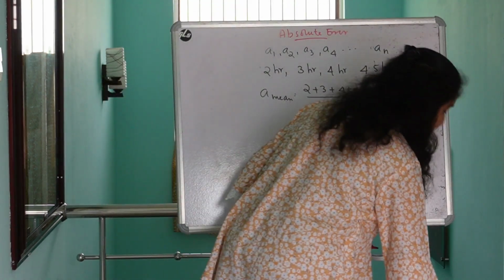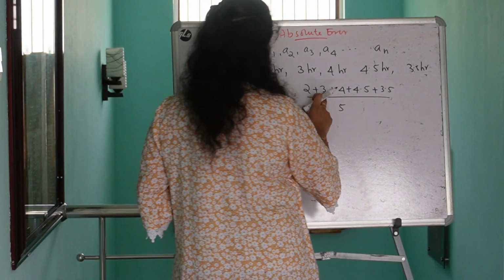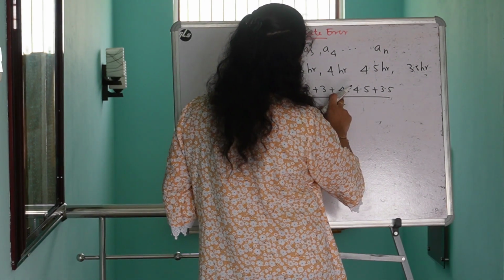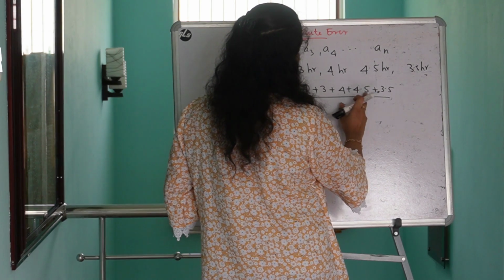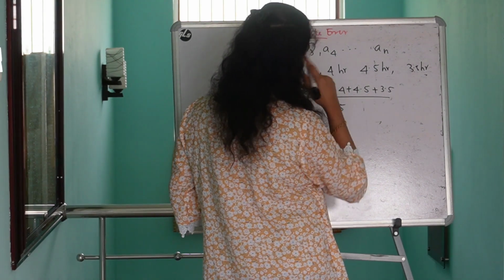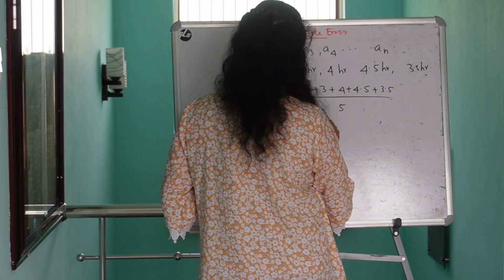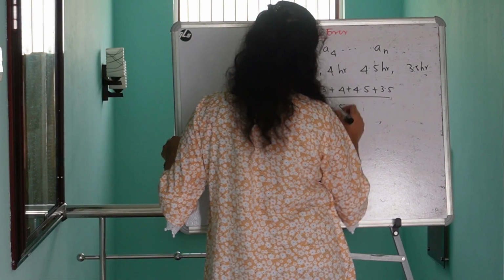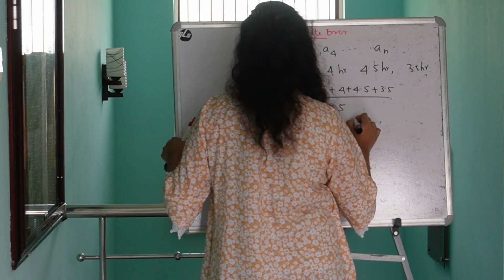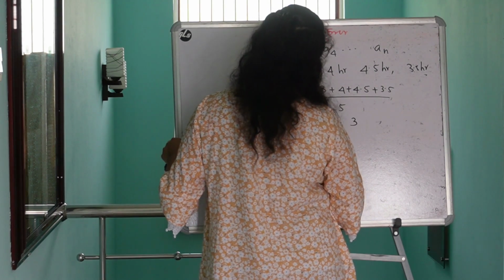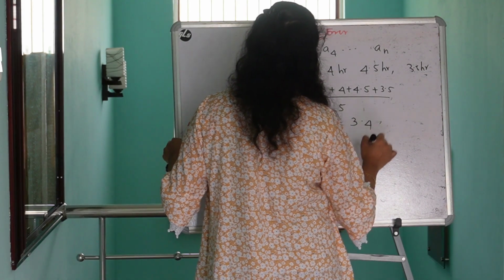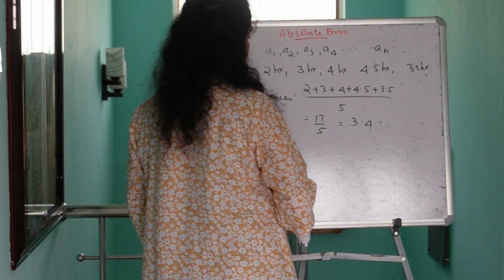Here I will get 5 plus 4, 9, again 9 plus 1, 10, 10 plus 7, 17, that is 17 divided by 5. What is 17 divided by 5? It is 3.4.